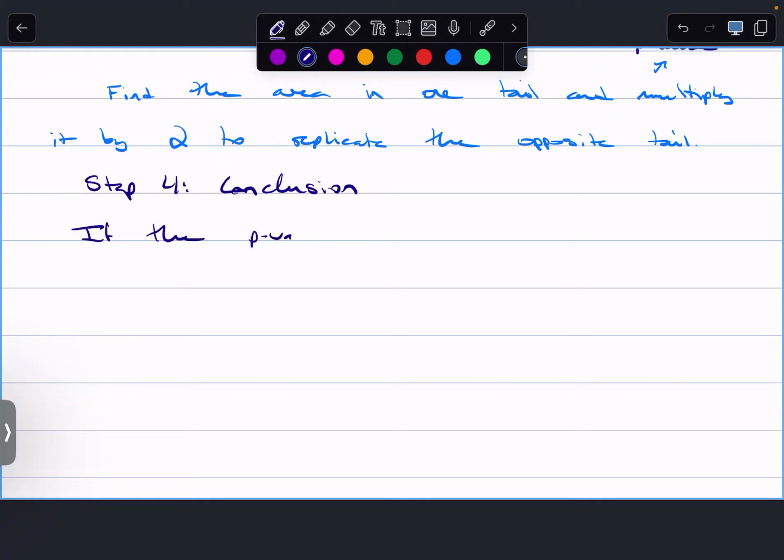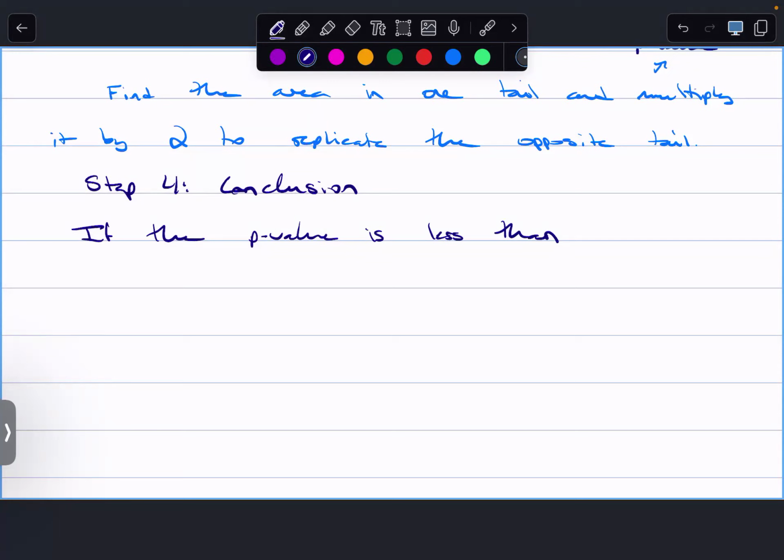And so what we're going to say is that if the p-value is small enough, less than the alpha level, now the alpha level for us, I'm going to just use 0.05. You can adjust it and we'll talk about what adjusting it would do, but the default is going to be 0.05.